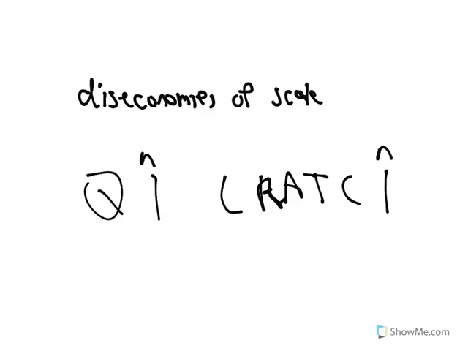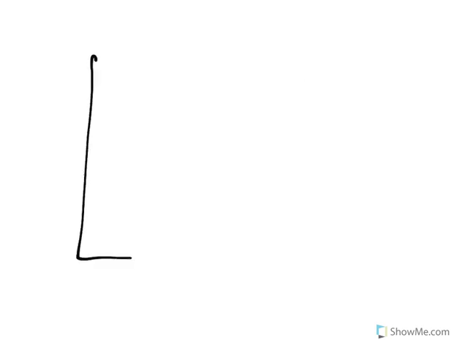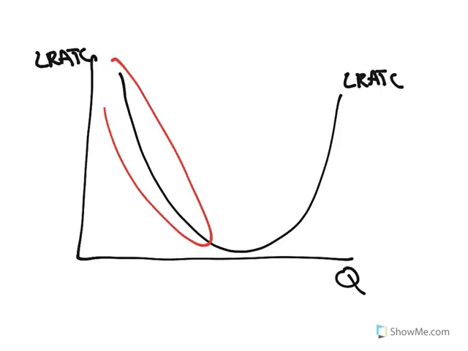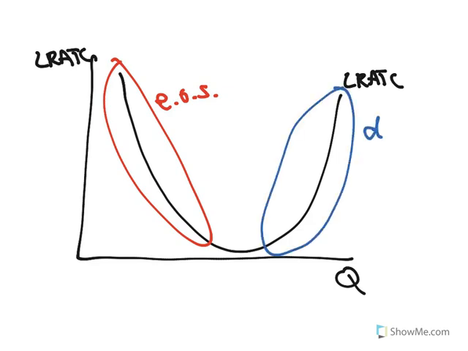Now, if we were to graph this for economies of scale, we could do something like this. The shape of long run ATC is just like ATC. It's the same shape. In red here, this would be economies of scale, EOS. And then on the other side, this would be diseconomies of scale, DOS.